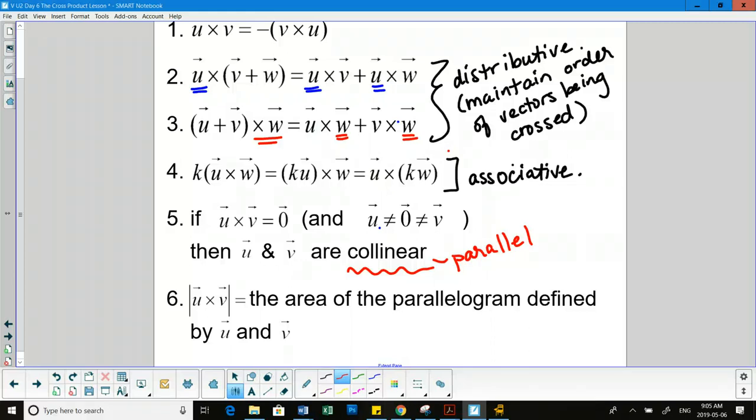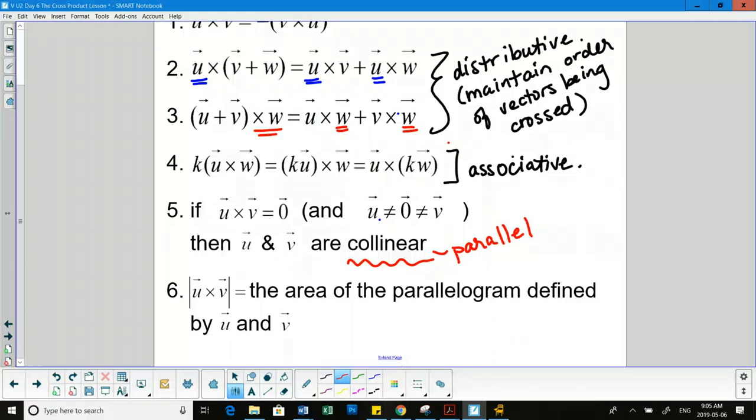Okay, and the other cool thing about the cross product is I can actually figure out the area of the parallelogram defined by vector u and vector v when they're arranged tail to tail if I take the magnitude of u cross v. So I actually get the area of that whole parallelogram. So I'll show you guys a little picture of that.